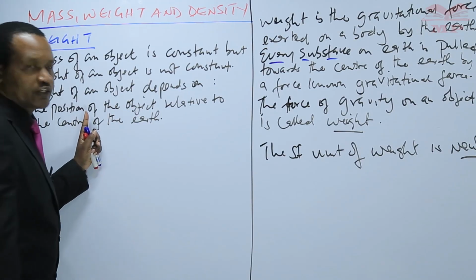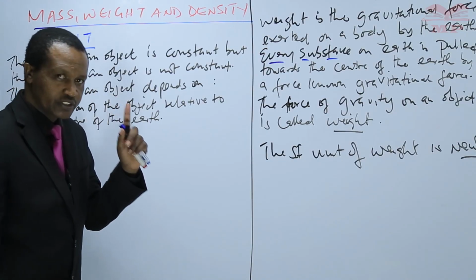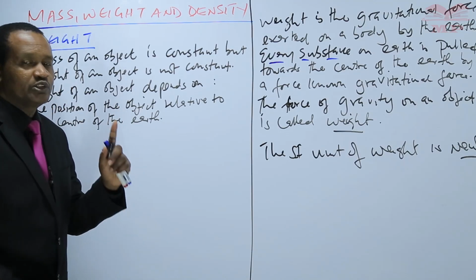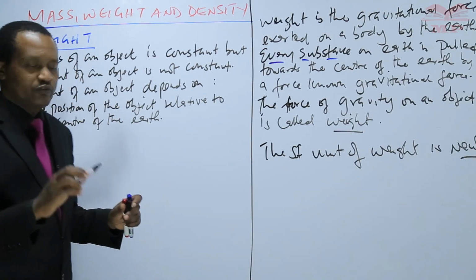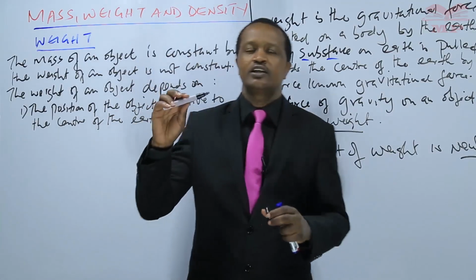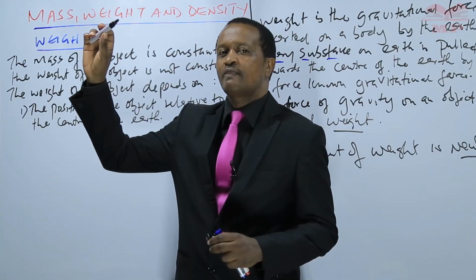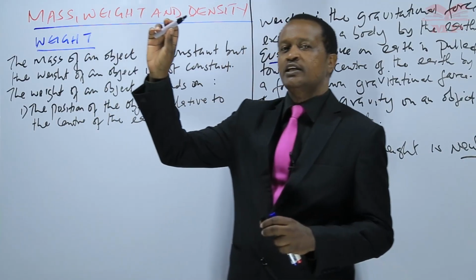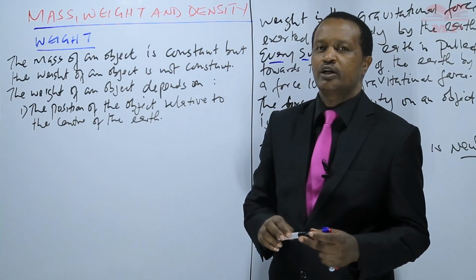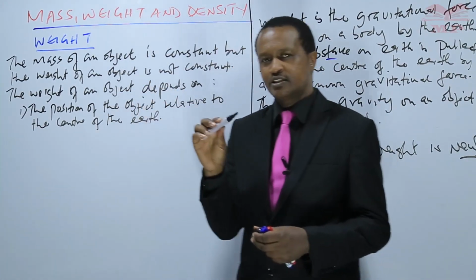The weight of an object will depend on the position of that object relative to the center of the earth, such that the farther you get away from the center of the earth, the less weighty the object will be. An object will weigh less.